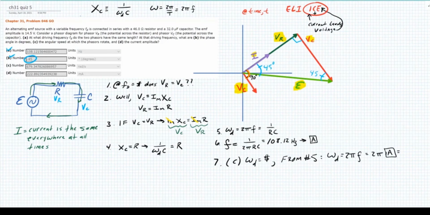All right, so what is 2 times pi times alpha A? 679 and some change, radians per second.